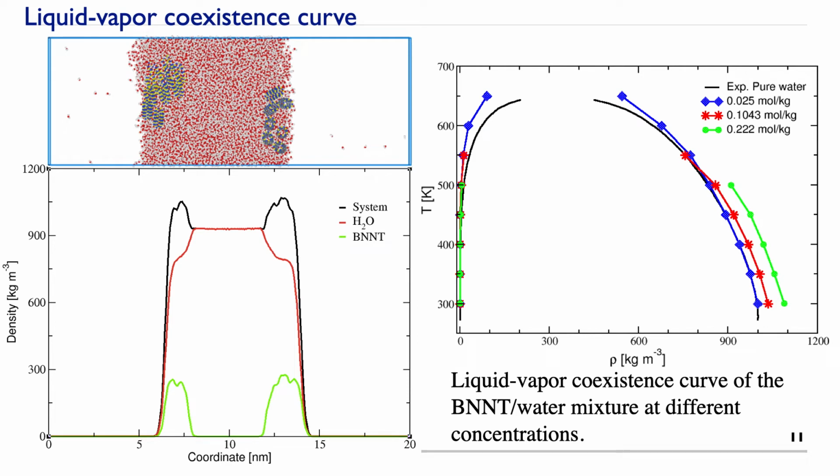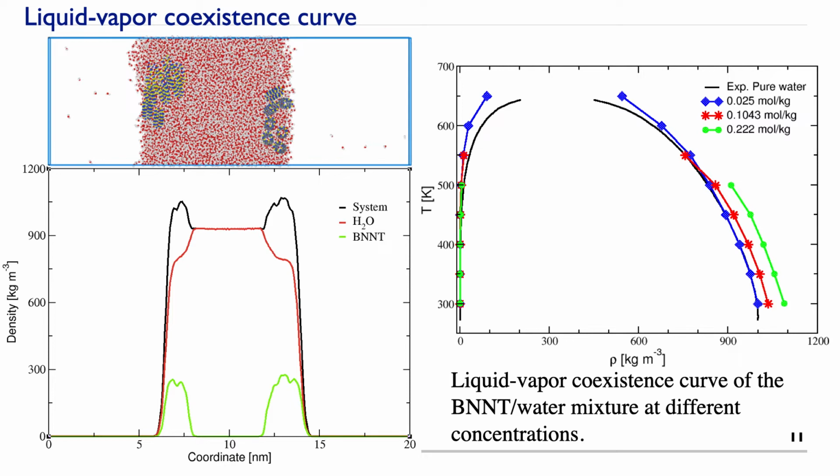To obtain the coexistence curve, we first compute the density profiles of the different simulations at specific temperatures. This is done using the slab method, slicing the cell into different slabs and calculating the density. As we see in the upper left figure, it is the final configuration of the system, in particular at 400 Kelvin.